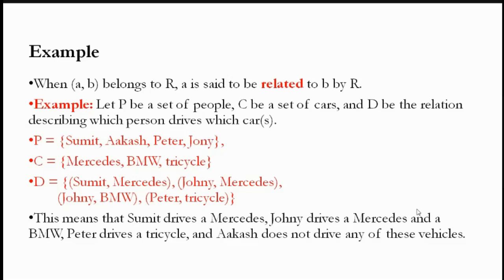So this means that Sumit drives a Mercedes, Johnny drives a Mercedes and a BMW, and Peter drives a tricycle, and there is no relation between Akash and any of the cars, so we mention that Akash does not drive any of these vehicles.